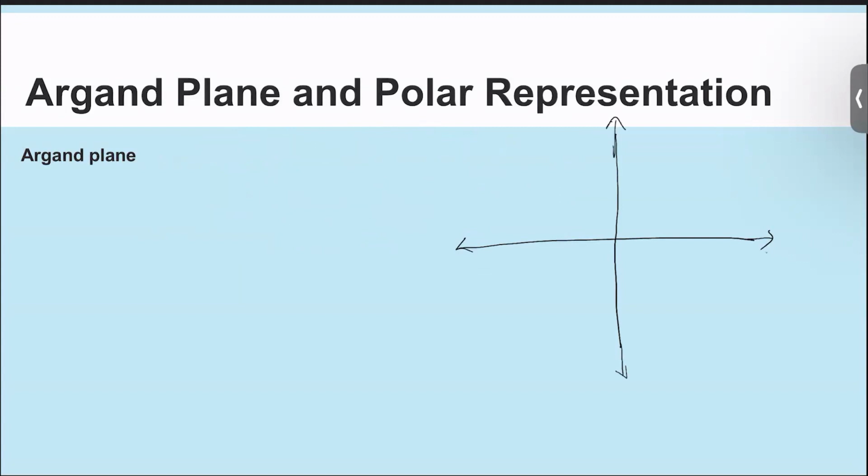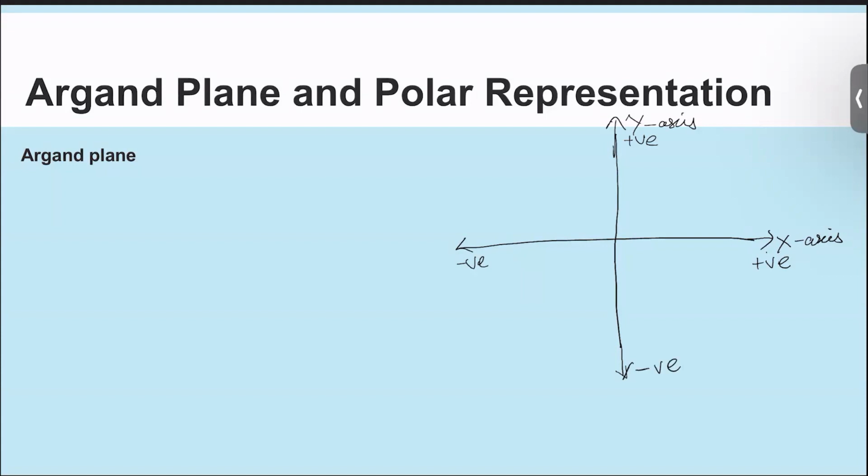This is your x-axis and this is your y-axis. This is your positive x-axis, this is your positive y-axis, this is negative, and this is again negative. Okay, so this is what we know.